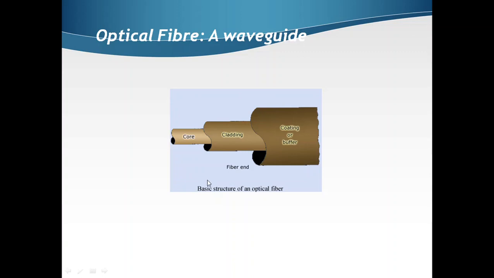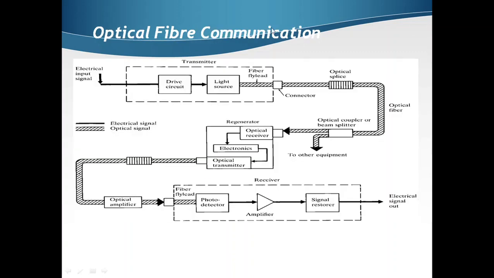Okay, so now we will see how the communication in optical fiber communication takes place. So here we can see the first unit of the diagram is the transmitter.